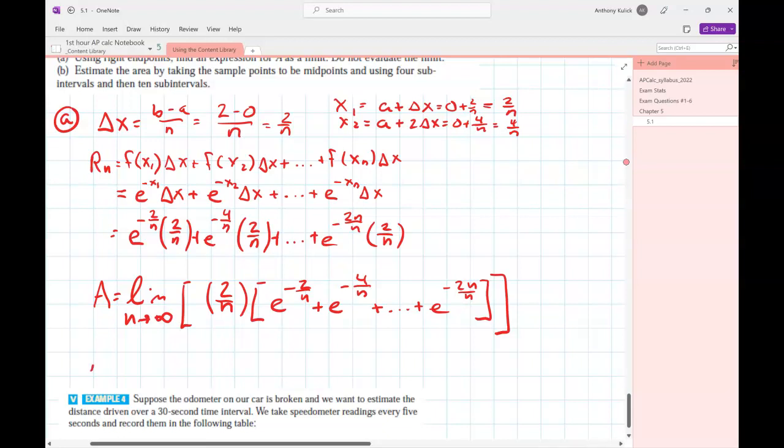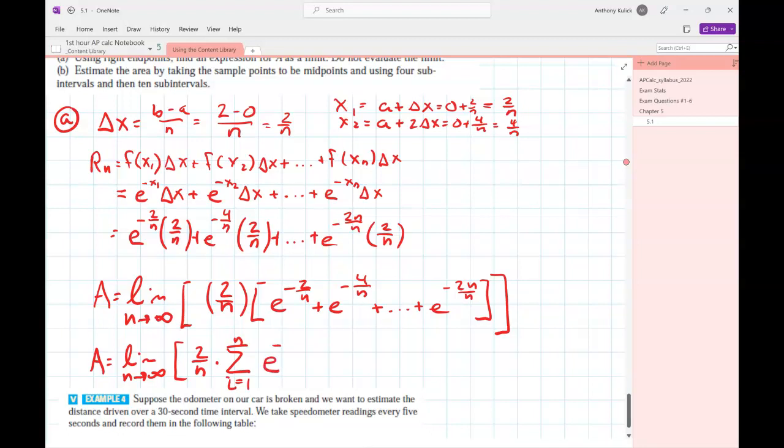Or what other way could you write that? Or I could write it that way. They mean the same thing. Either would be correct, whether you use sigma notation or you just write it as a sum.